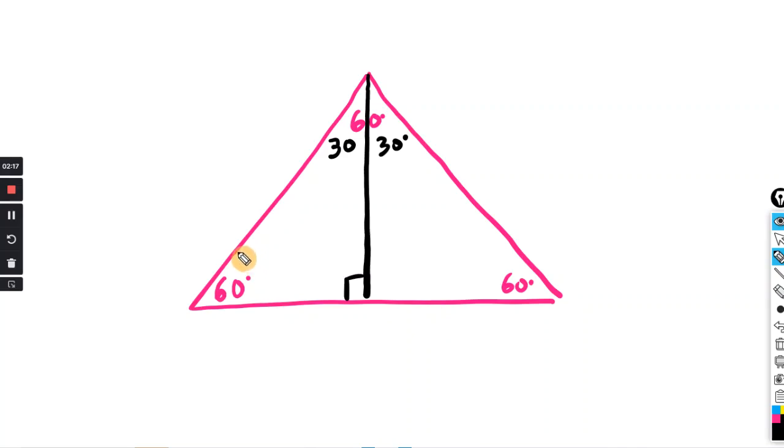We can say that by angle, angle, side. This side is shared by both triangles, so we can mark it congruent. The 60 matches the 60, and the 30 matches the 30. So the one on the left matches the one on the right by AAS. As a result, this base down here is bisected, so this side is congruent to this side.